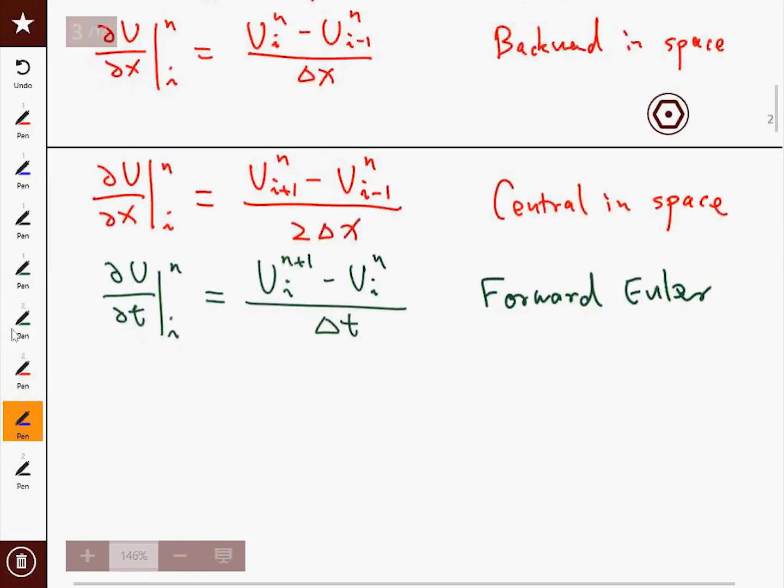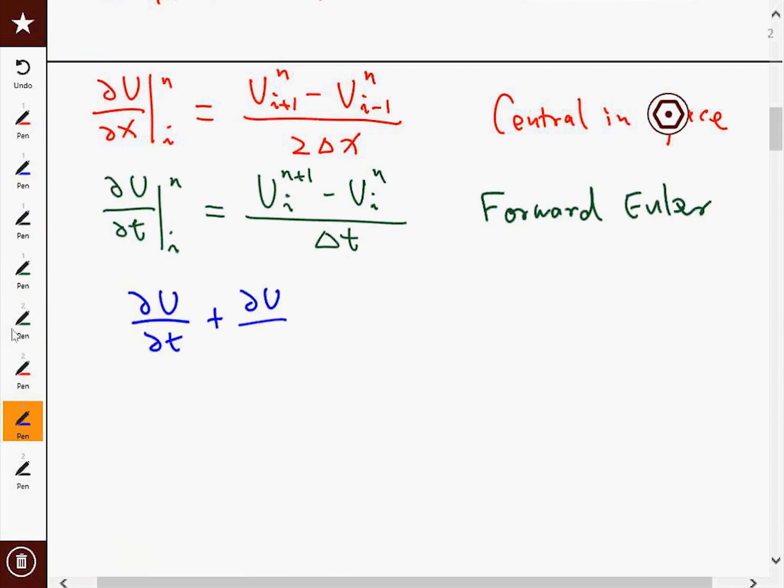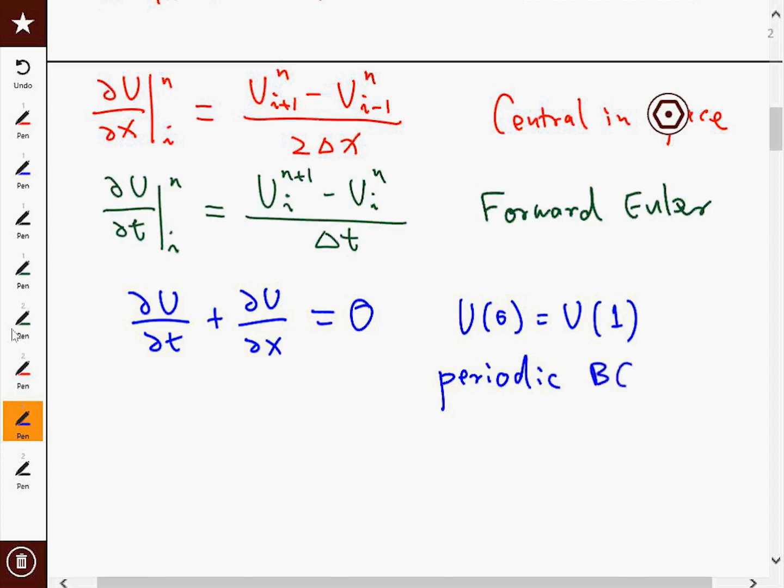Okay, so let's try to implement central difference plus forward Euler on the advection equation. Sorry, I haven't said what equation I'm going to do yet. I'm going to implement it on this equation: partial u partial t plus partial u partial x is equal to 0, with a periodic boundary condition, u at 0 is equal to u at 1. This is the same equation as we tried to animate last Thursday. Anybody who goes out of this door comes back from inside here, right?